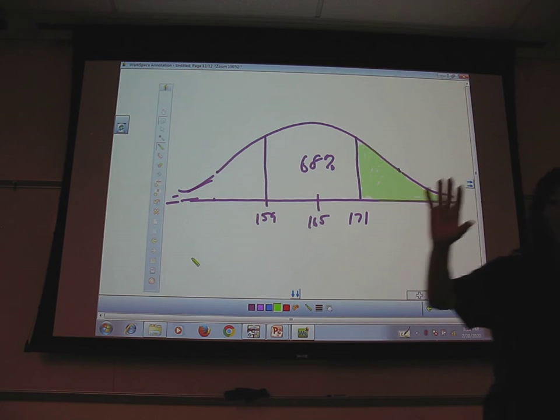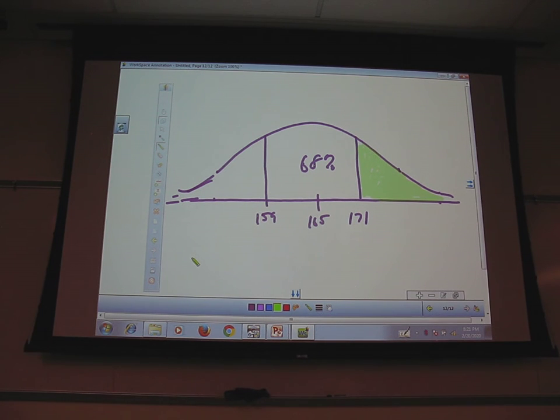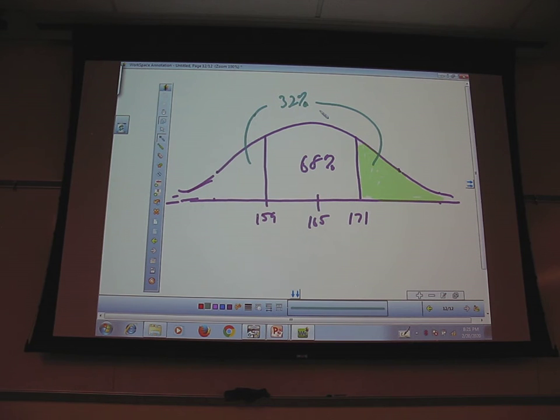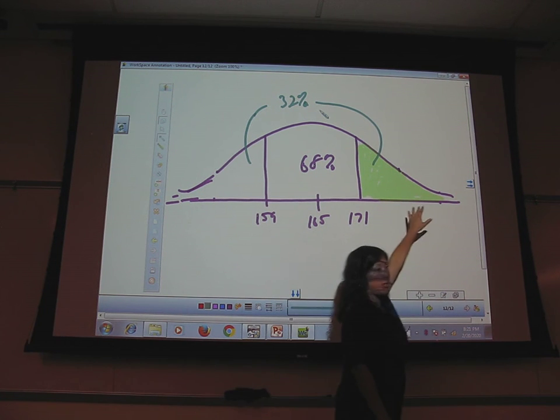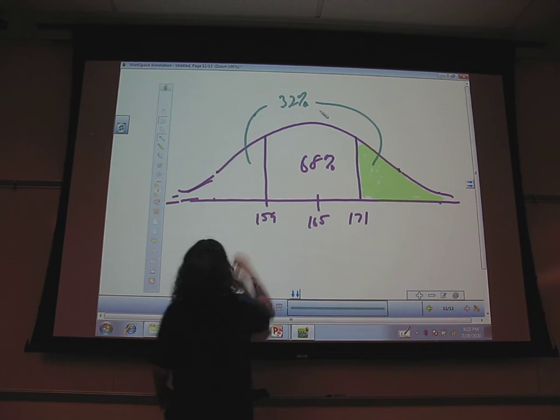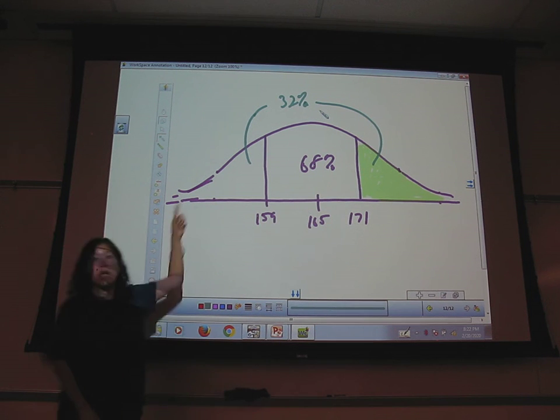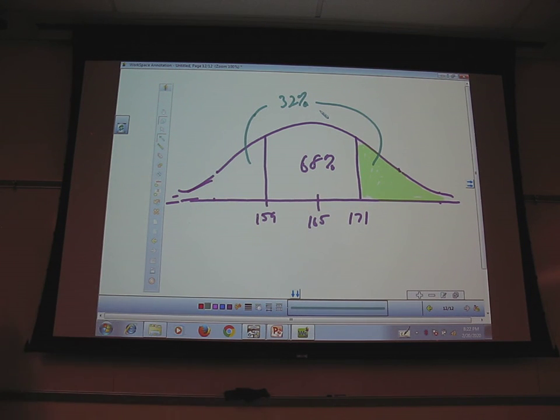Is everybody with me on that part? If 68's on the inside, these two guys added together have to give me 32%. The nice thing about normal distributions is that they are symmetric, which means this amount should be the same as that amount. So of this 32%, half should be here, half should be there. How much should be over here then? 16. 32% divided by 2. 16% on each side.